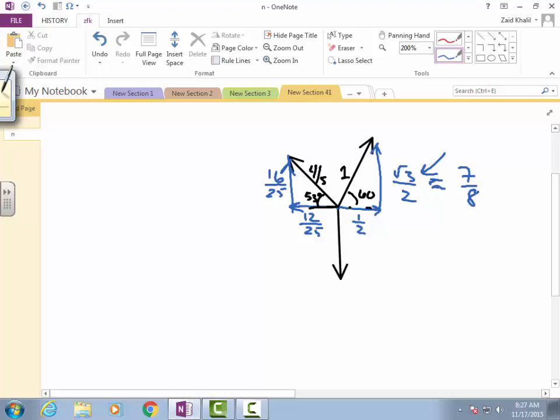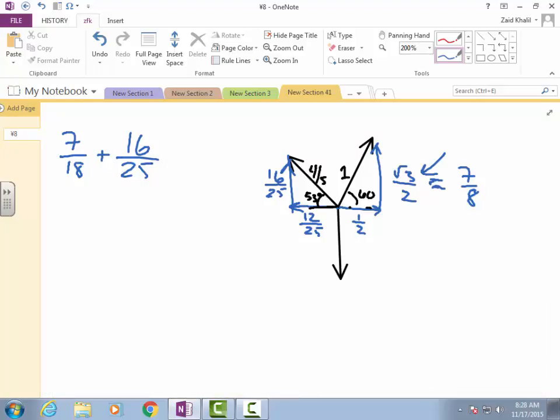So if you take a look at this, you have 7/8 plus 16 over 25, and that is balancing the vertical direction, right?